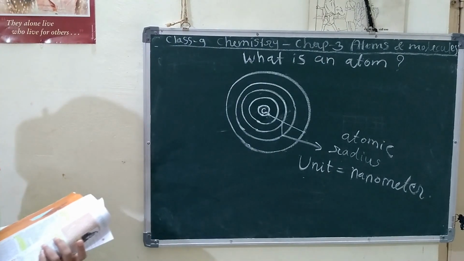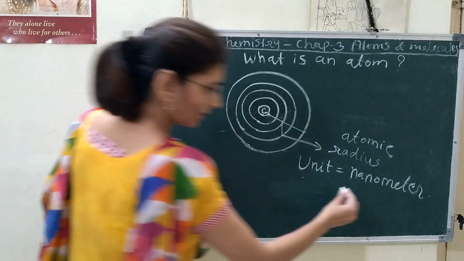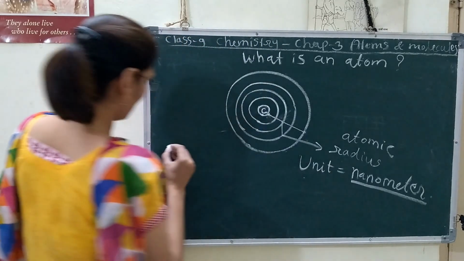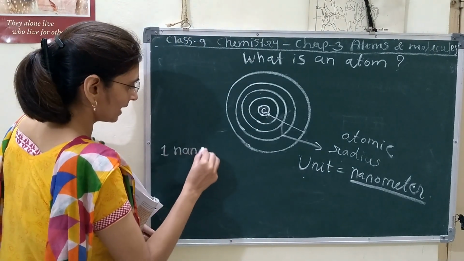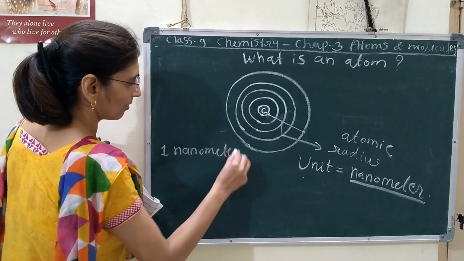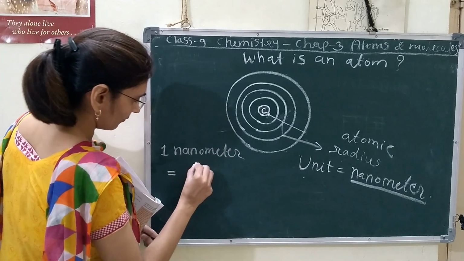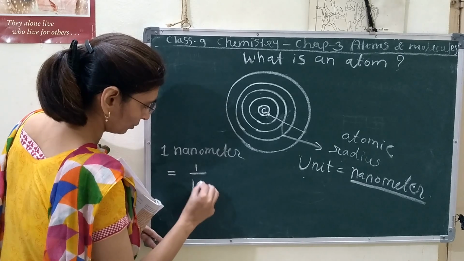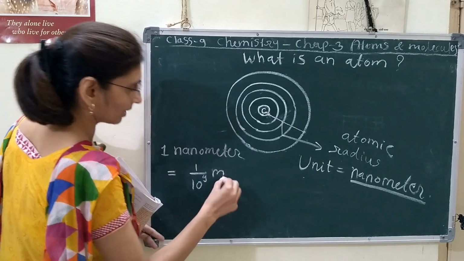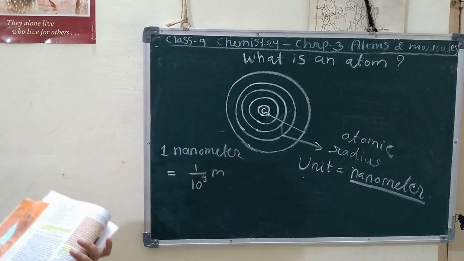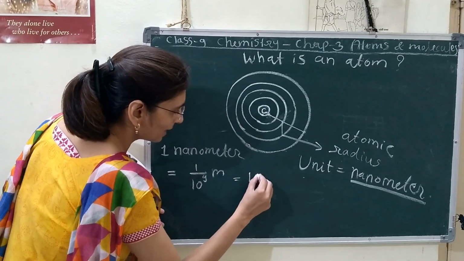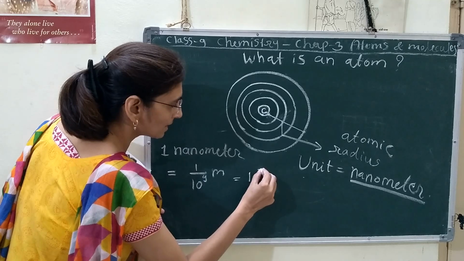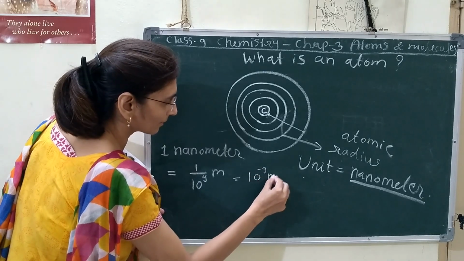So what is meant by nanometer? Nanometer is 1/10 to the power 9 meter, equal to 10 to the power minus 9 meter.